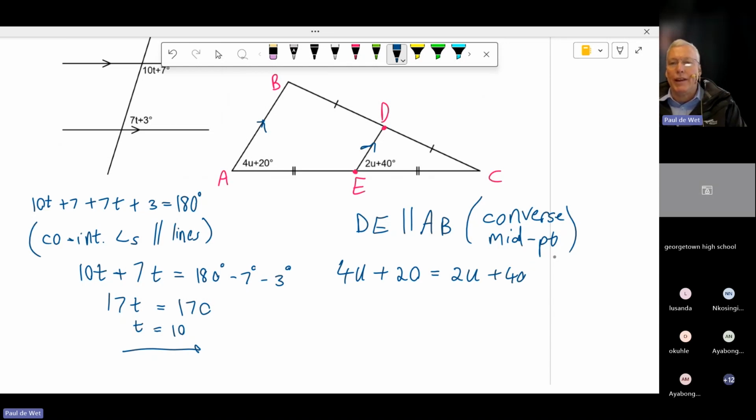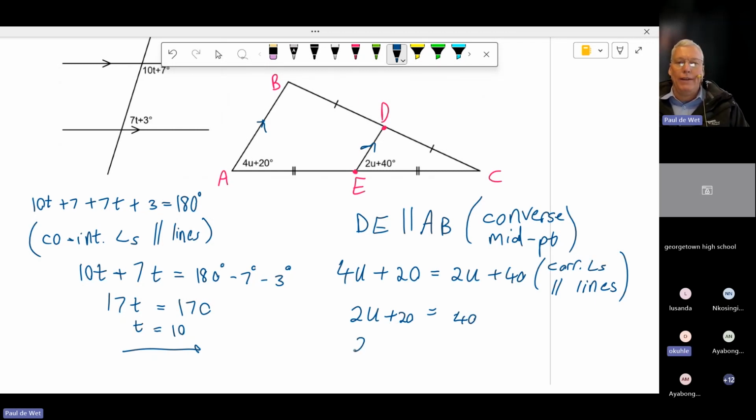And I need a reason again, and the reason is corresponding angles, but absolutely in parallel, I must say parallel lines. Now I want to solve this little equation. I'm going to subtract 2u from both sides. Now I'm going to subtract 20 from both sides. And lastly, I'm going to divide both sides by 2.